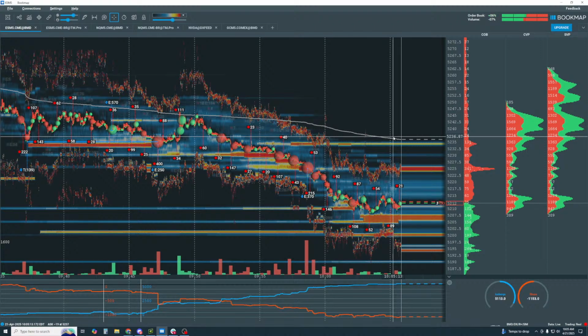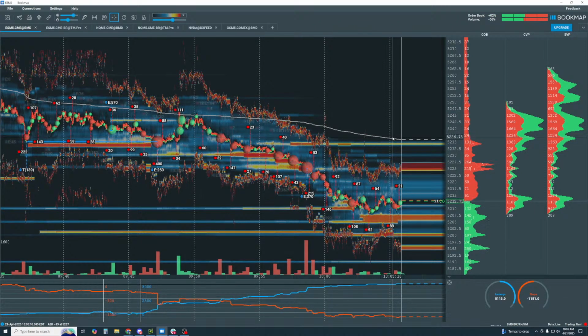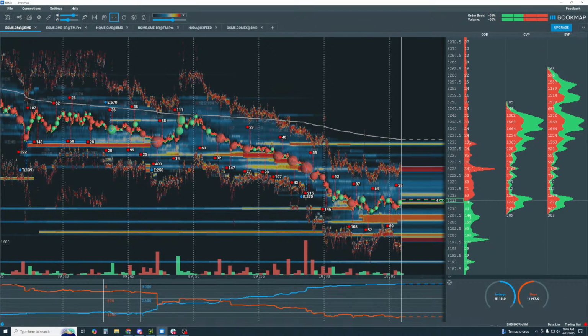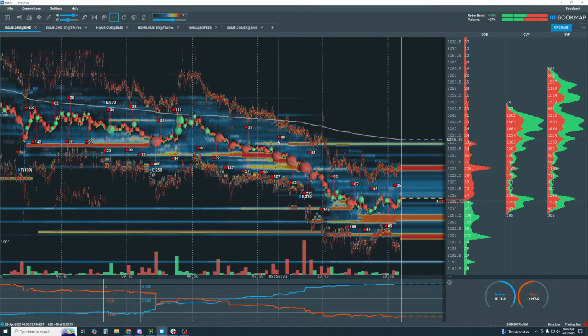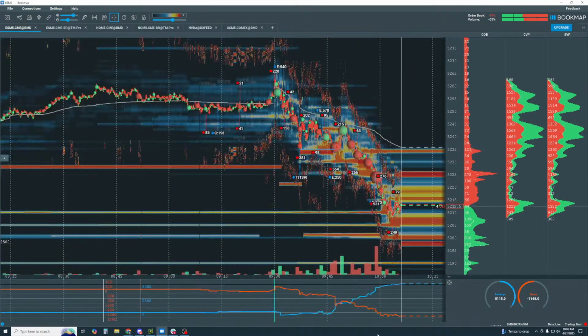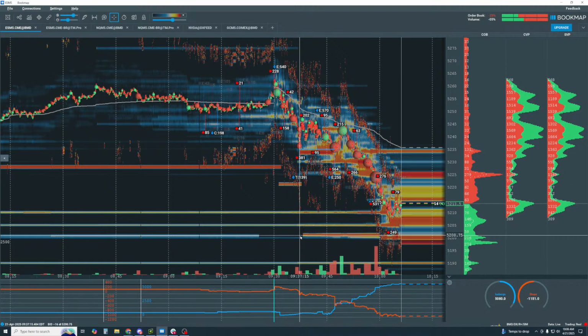Take a look at the S&P E-mini right now. We have all sorts of really interesting things unfolding right now. One of them is this higher time frame zoom out version of Bookmap. A lot of the Bookmap Academy members will get access to this, as well as many other things.